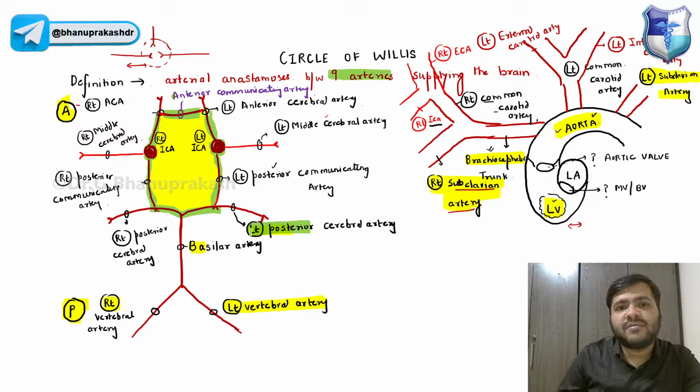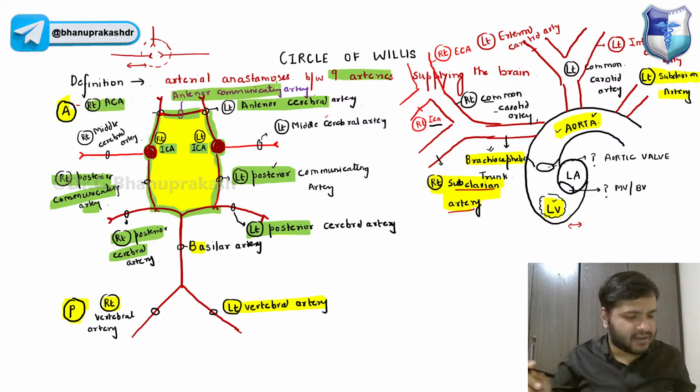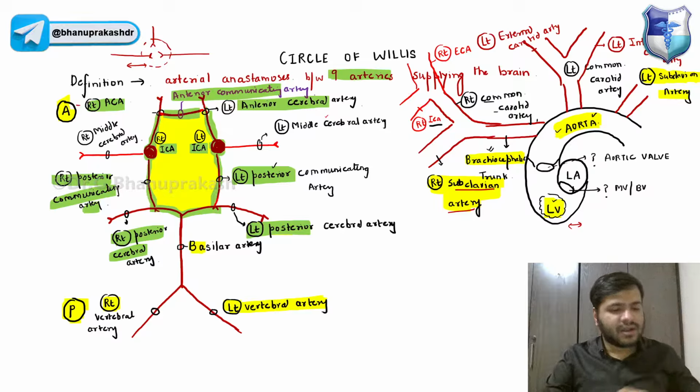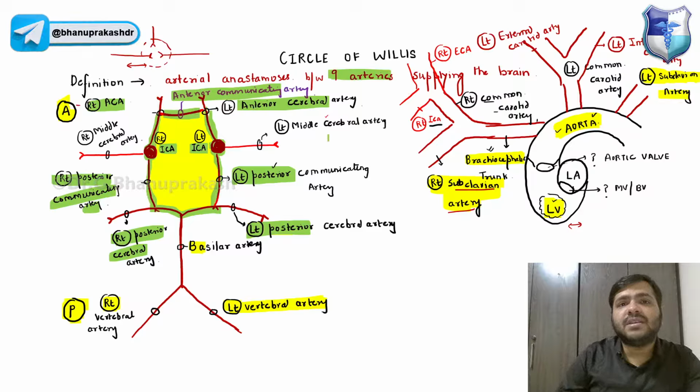So we have the left and right posterior cerebral arteries, the posterior communicating arteries, the internal carotid artery on both sides, the left and right anterior cerebral arteries, and the anterior communicating artery. The one artery which is not a part of this is the middle cerebral artery. That is again a question that has been asked multiple number of times.